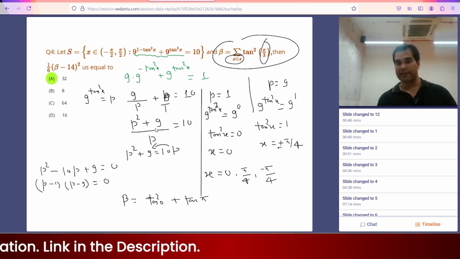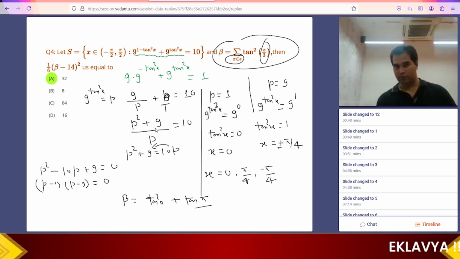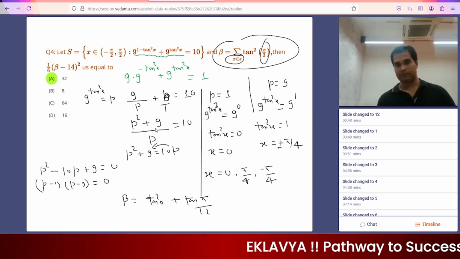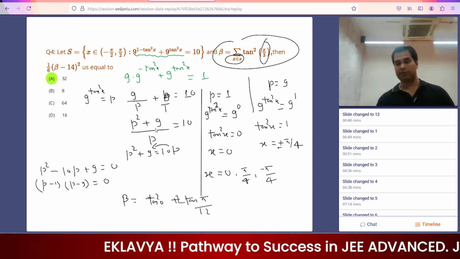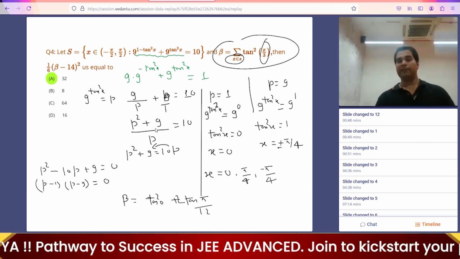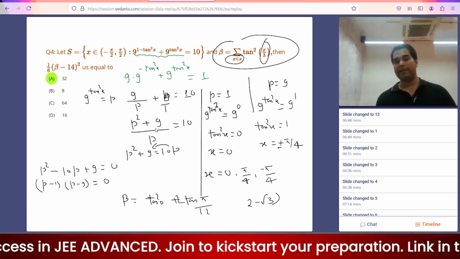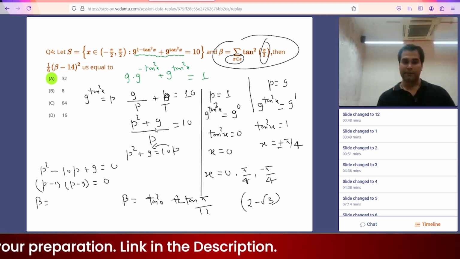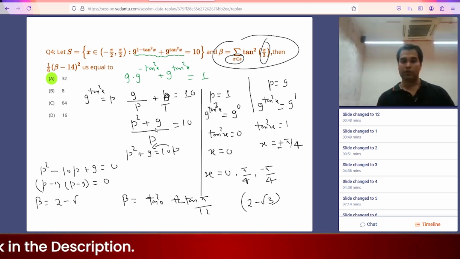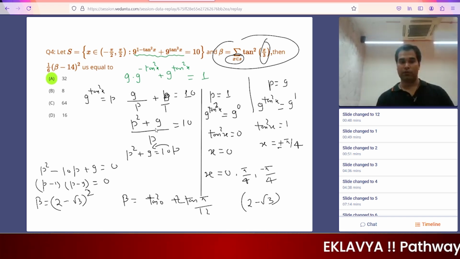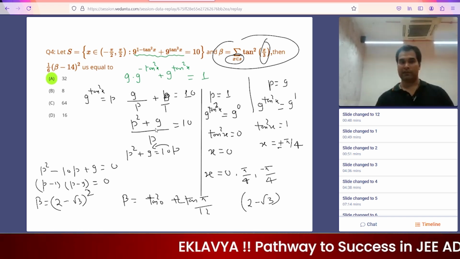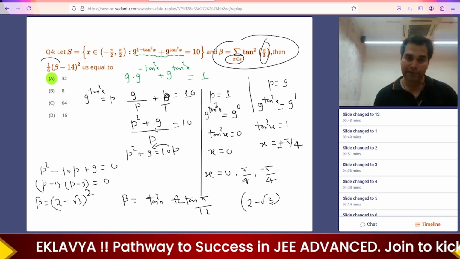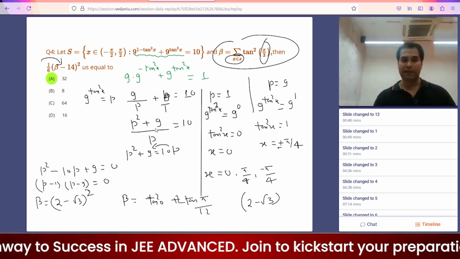This means we will get tan pi by 12. 4 times 3 is 12, and here again 2 times. Pi by 12 means tan 15, and tan 15 is 2 minus root 3, so beta equals 2 minus root 3 whole square. Now we put beta here.